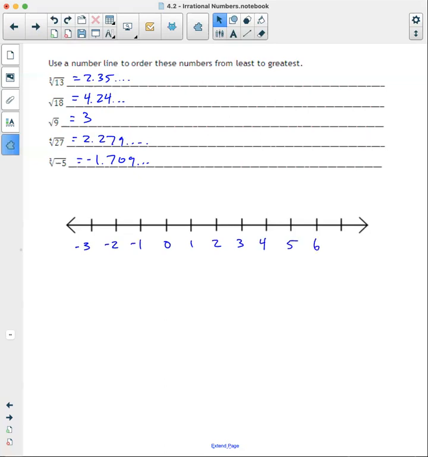Okay. And now we can go in and start plotting these values. So the cube root of 13, 2.35 is about here. Square root of 18, 4.24, around here. Square root of 9 is 3, so that's going to be right here.